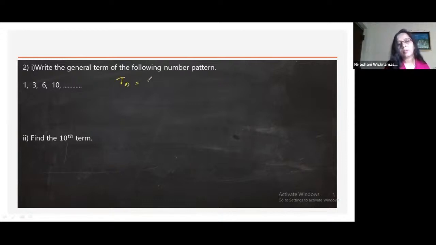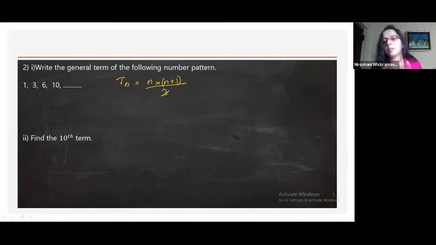Tn equals n into n plus 1, divide by 2. Because why? This is a triangular number pattern. So we can write the general term when you are finding a triangular number: you can multiply two consecutive numbers, then divide by 2.